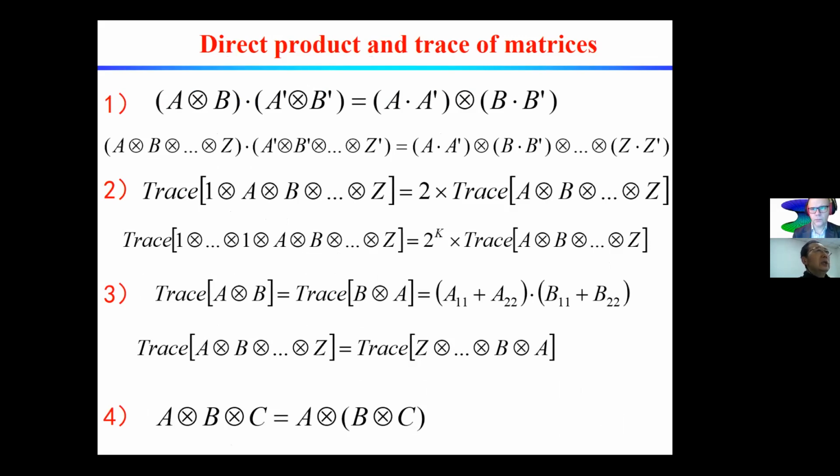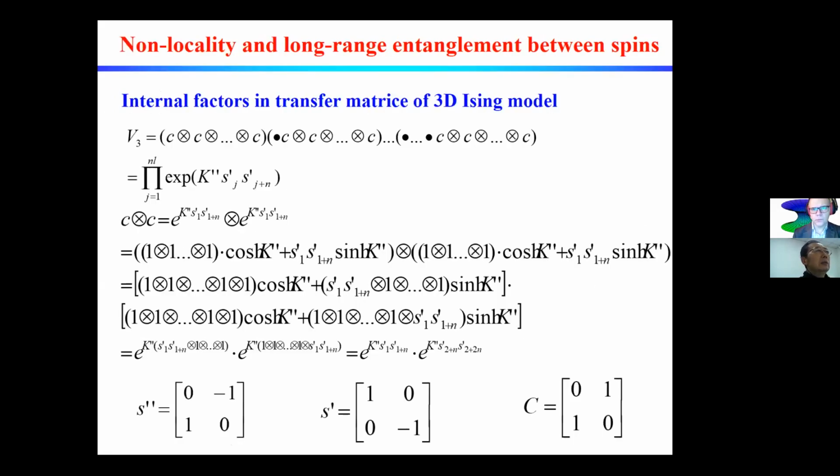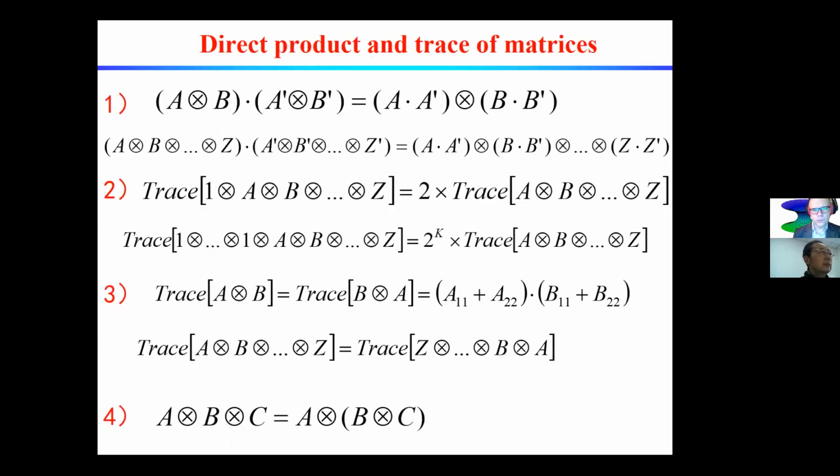So we try to study this system by using the property of the trace of the matrix, the direct product. If we add an additional unit matrix, we generate a factor of 2 for the trace.